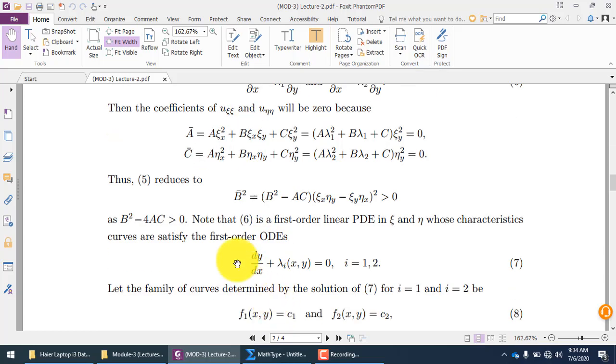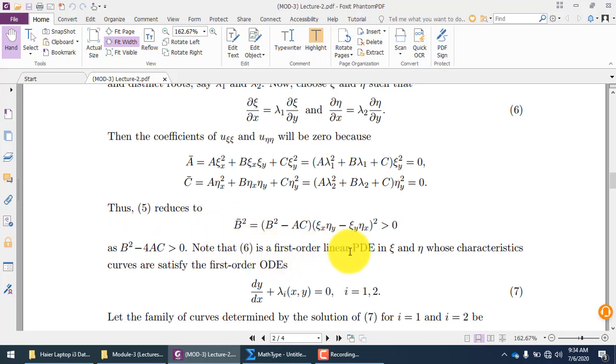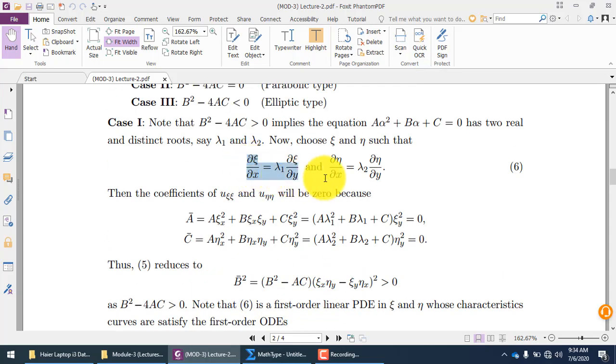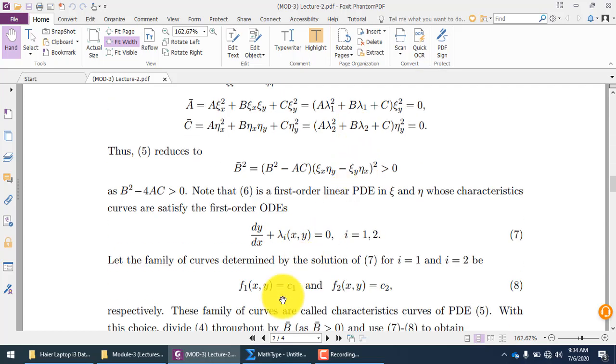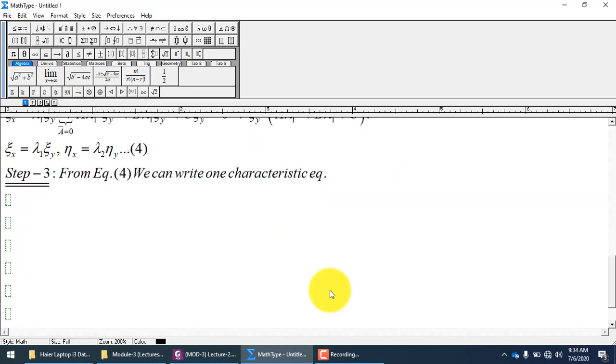Note that 6 is a first order linear partial differential equation, and this is also and this is also. And you know that for linear partial differential equations the method of characteristics applies. You have to repeat those lectures; I have already uploaded them on LMS.